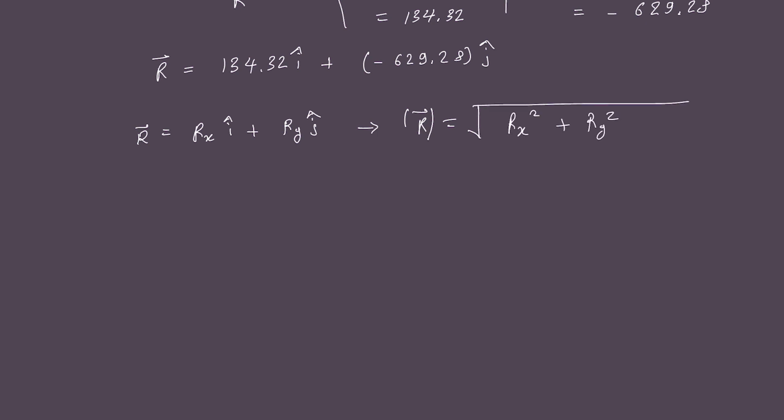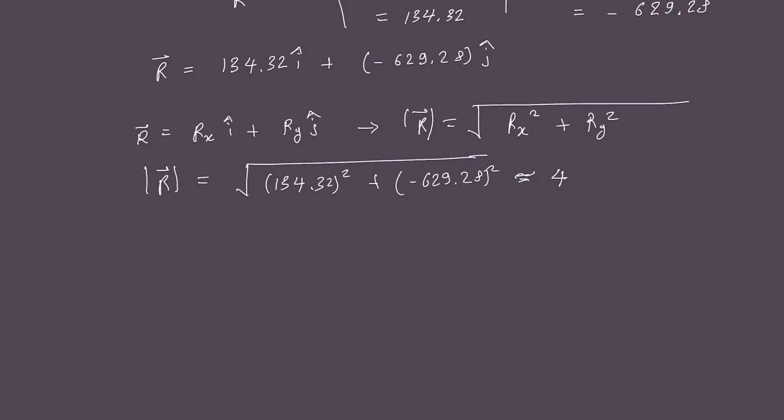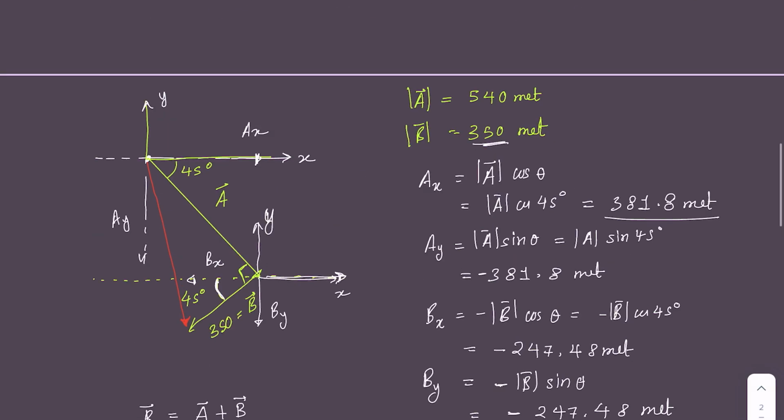So in our case, if I want to figure out the magnitude, I'm going to square the individual components, 134.32 squared plus minus 629.28 squared, and then I'm going to add them together and take the square root. So when you do this calculation, you'll end up with about 643 meters. So you see, the red vector's length is 643 meters.